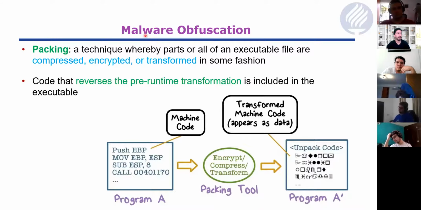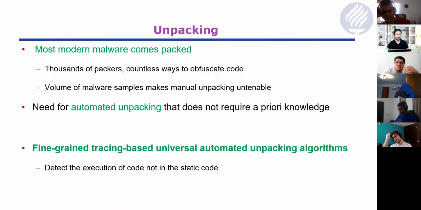So that's why they are not always easy, and they come almost always packed. There are tons of programs that can help malware developers to pack or compress their code to make it harder to detect.